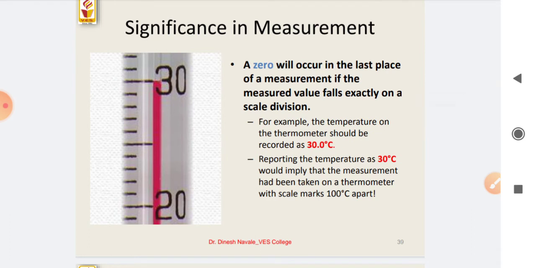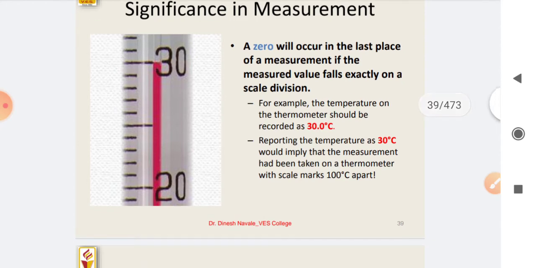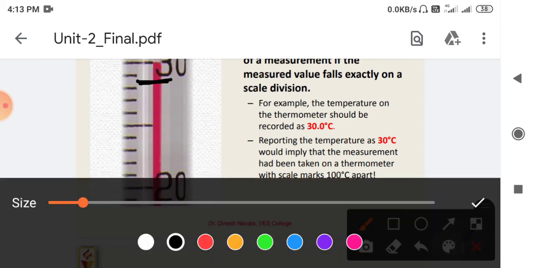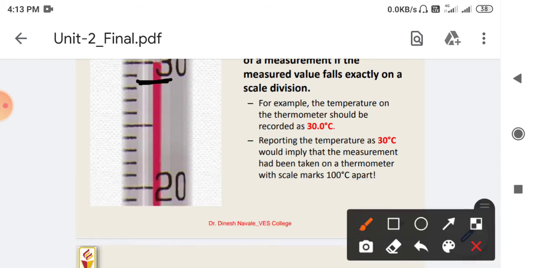Next, a zero will occur in the last place of a measurement if the measured value falls exactly on a scale division. Suppose our reading lies somewhere in between, then we cannot say precisely that the zero will lie there or not.